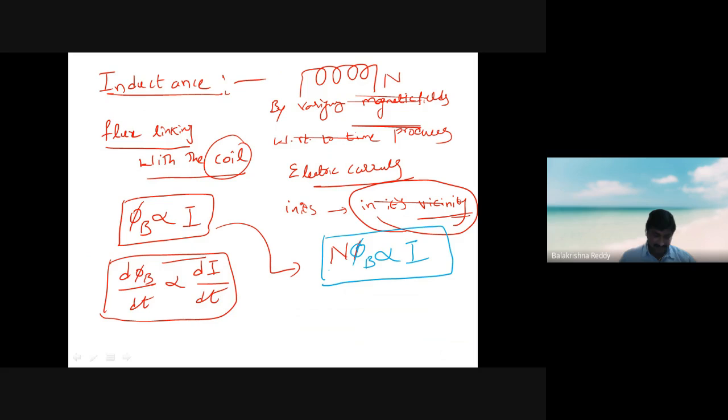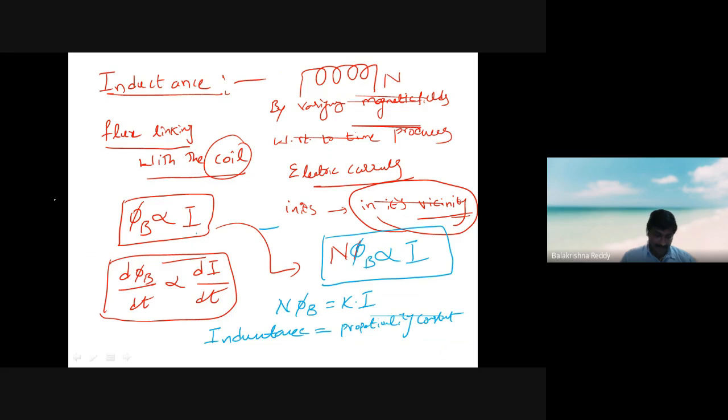This gives us a proportionality constant. We can write it as inductance, taken as L for self inductance, and as M for mutual inductance, right? Whatever constant you take, if I write NΦ = K I, then this proportionality constant is called inductance.